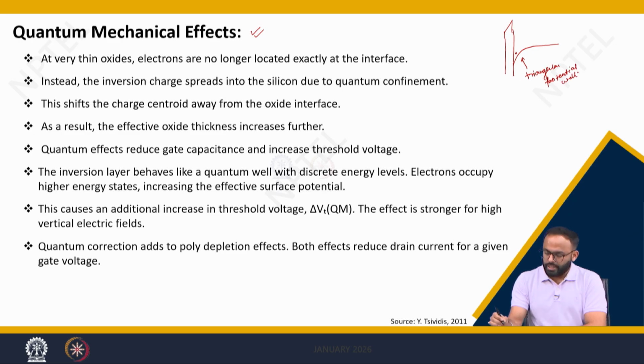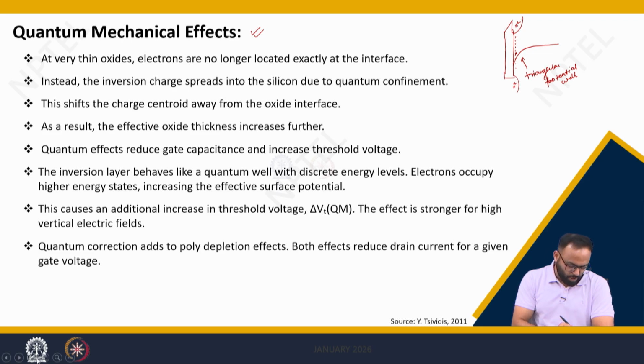The electron which is residing in the triangular potential well constitutes a current when you apply the terminal voltage between source and drain. In our analysis, what we considered is a sheet of this charge present very near to the surface.